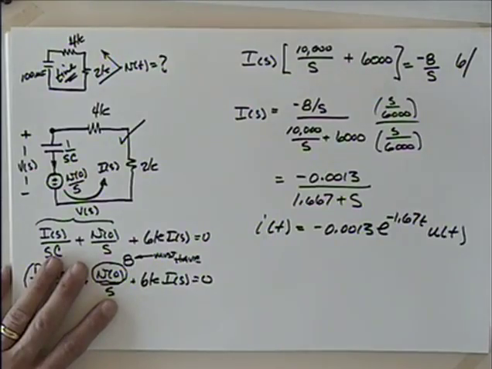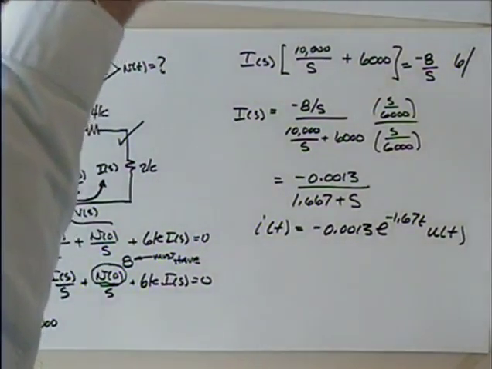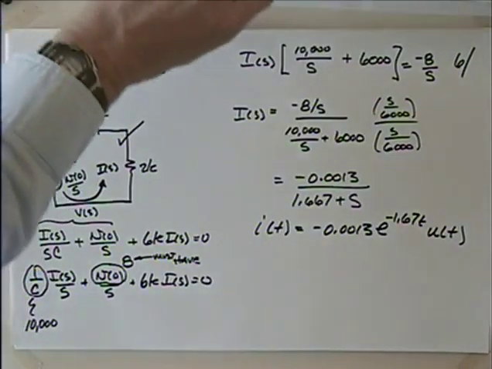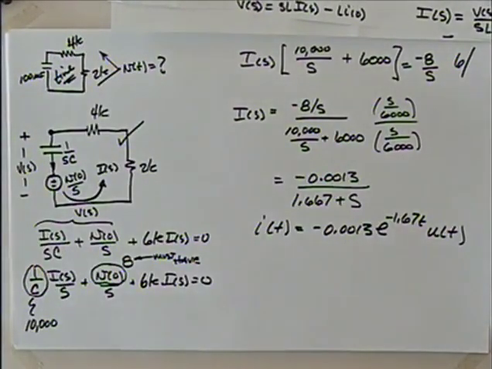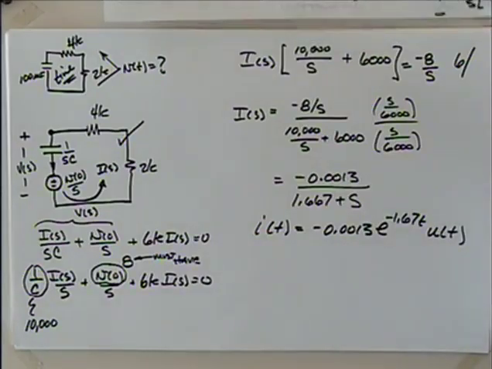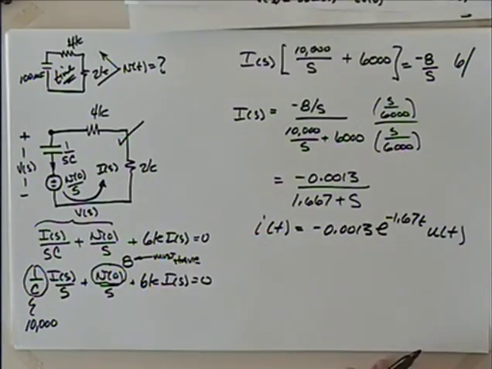Is that the same thing that we've got in the past? It better be. Yep. When we transfer back to the time domain, that 1.667 from the denominator becomes the exponent, negative.